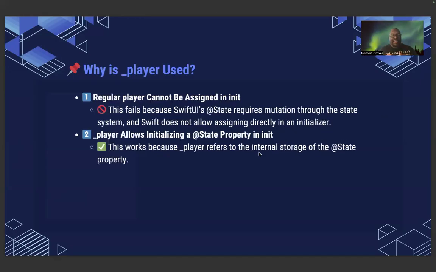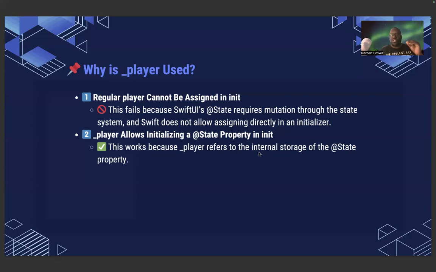Now, why is the underscore player used? Again, regular player cannot be assigned in the init. This fails because SwiftUI's @State requires mutation through the state system, and Swift does not allow assigning directly in the initializer.